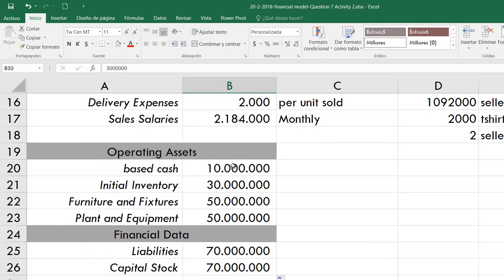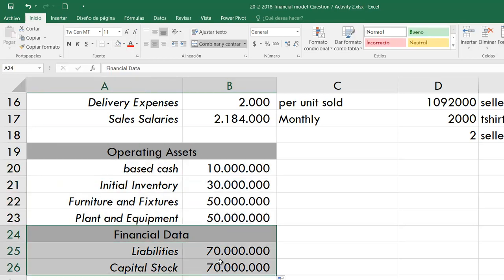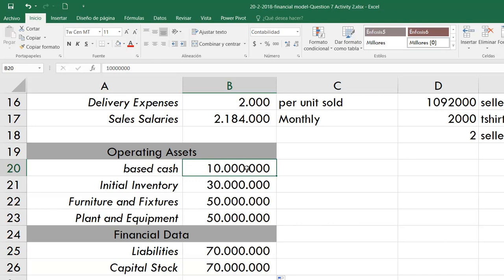Very important. Next are the operating assets and financial data, so we can estimate an initial balance sheet. And we do it in liquidity order: first the base cash, then inventory, and finally we estimate the liabilities and capital stock, which will finance our assets. Thank you for watching.